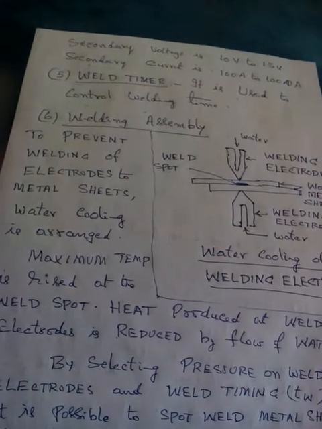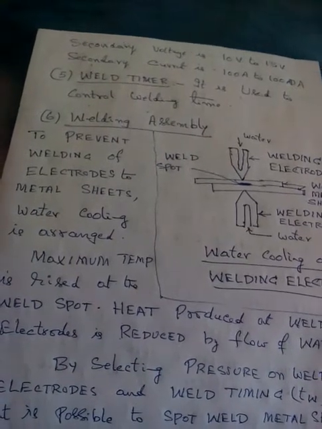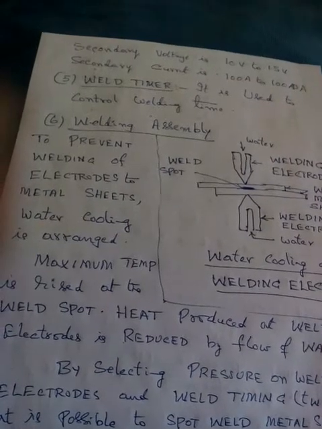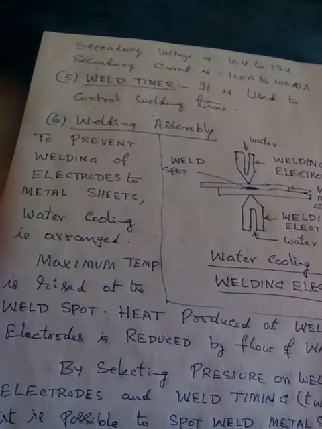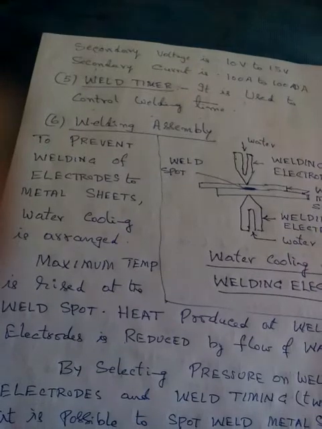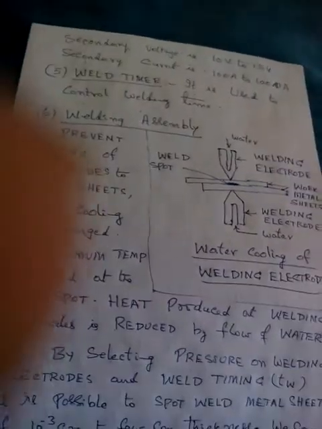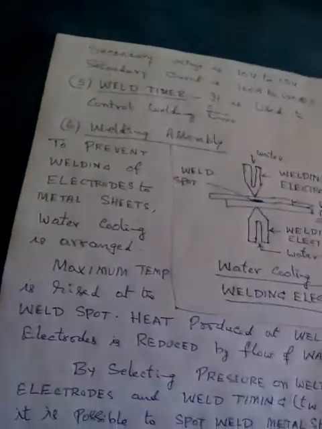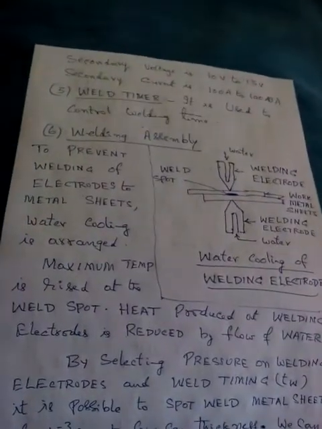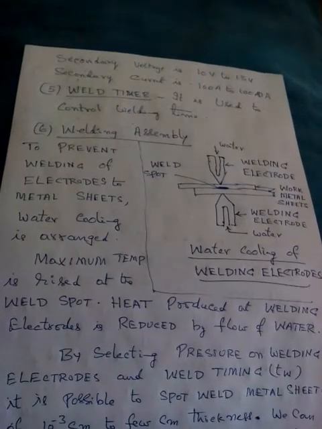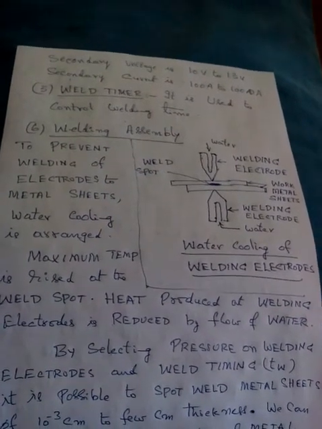To prevent welding of electrodes to metal sheets, water cooling is arranged. Maximum temperature is raised at the weld spot. Heat produced at welding electrodes is reduced by flow of water.